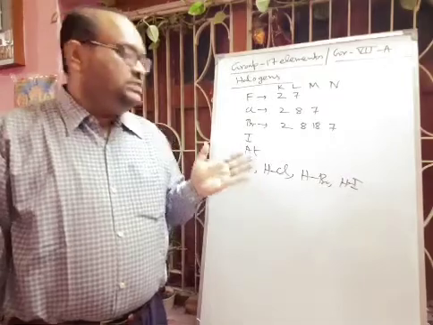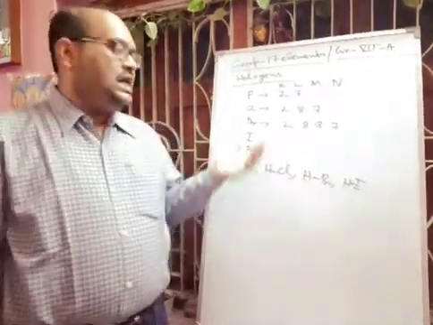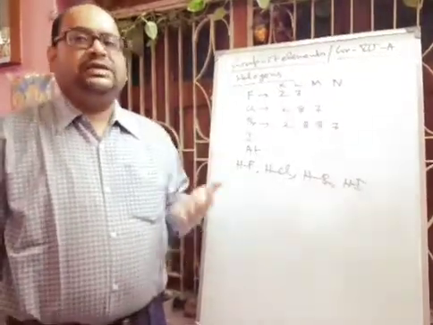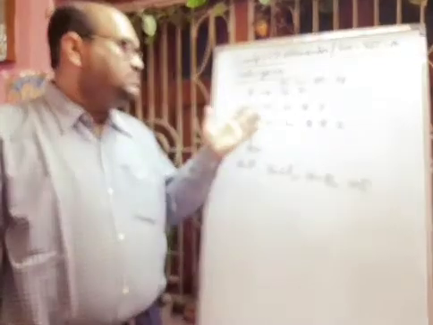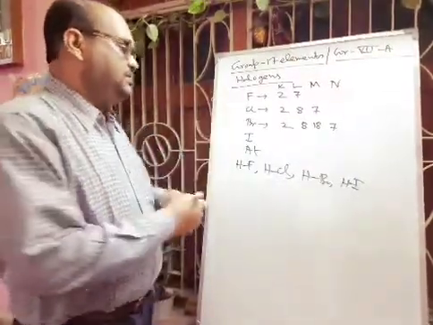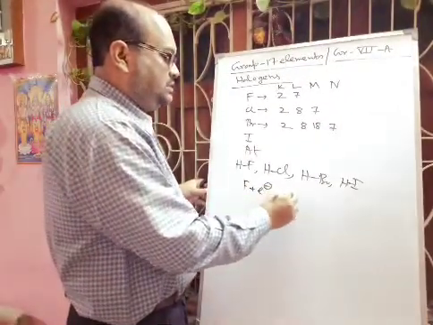These halogens always react with metals, because being highly reactive, they form salts as metal halides. Next, these non-metals, that means fluorine, chlorine, bromine, iodine: fluorine will accept one electron forming F minus.